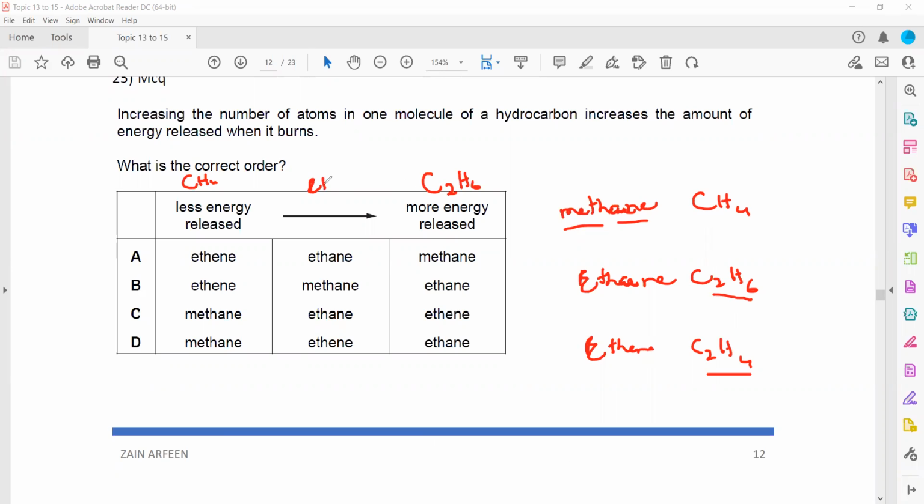In between them will be C2H4. So methane, ethene, and ethane, D will be the right answer, as they already mentioned that the one which contains more atoms releases a greater amount of energy.